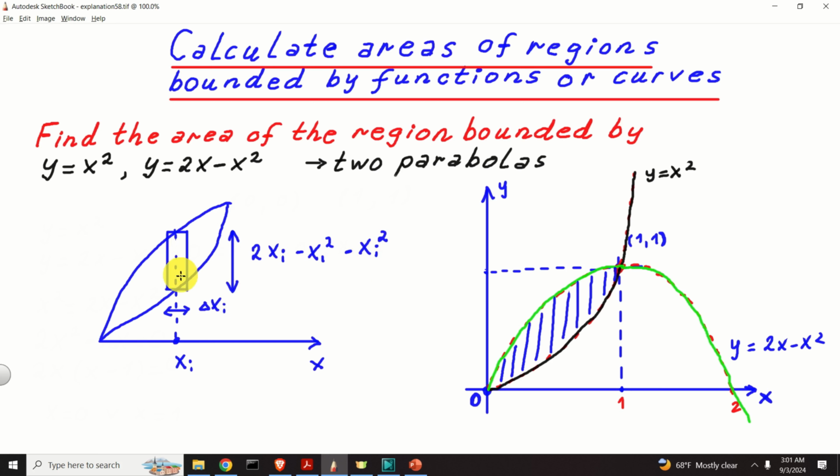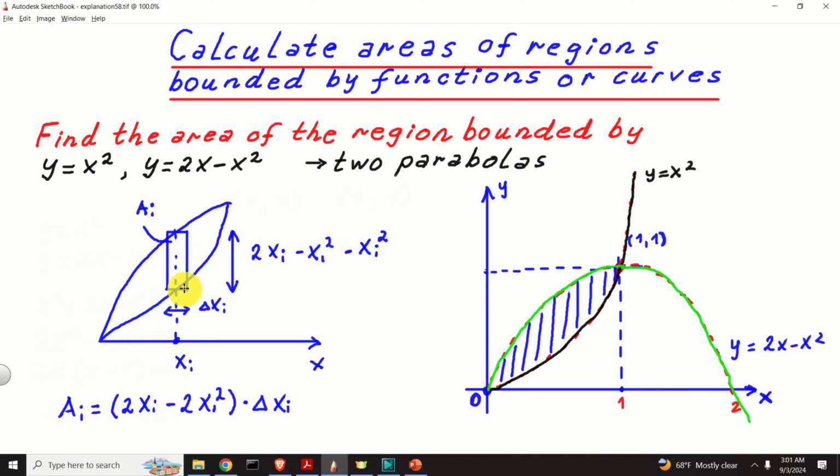Consequently, this small area over here, and I'm going to denote it by Ai, becomes, let's write it here, Ai is the height multiplied by the width, so it becomes 2xi minus 2xi squared multiplying delta xi.